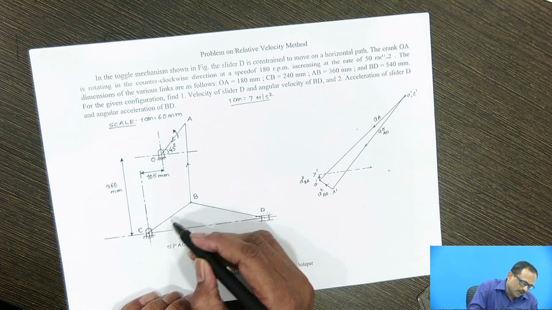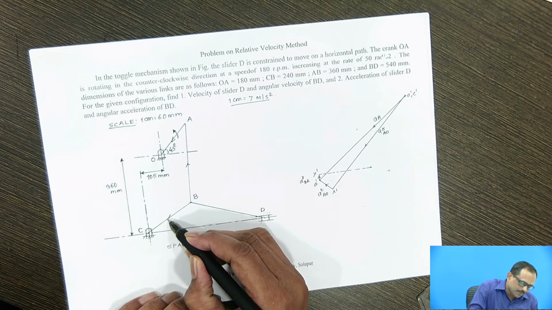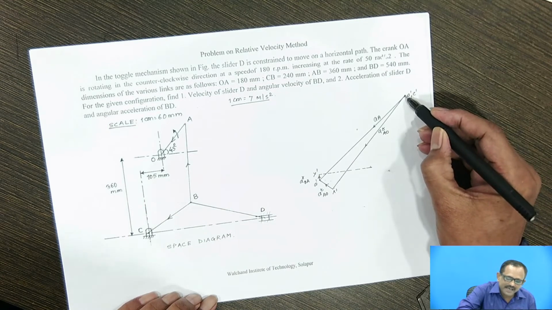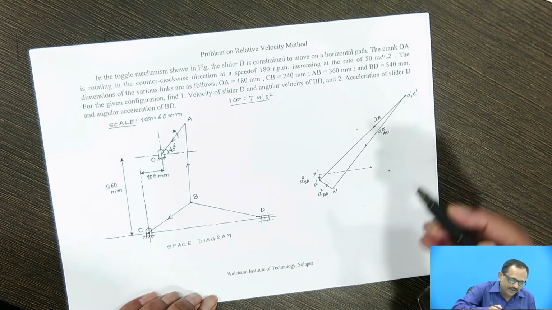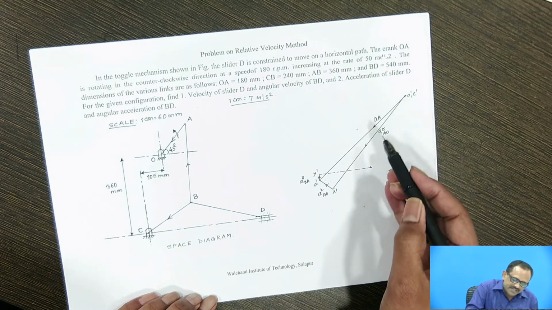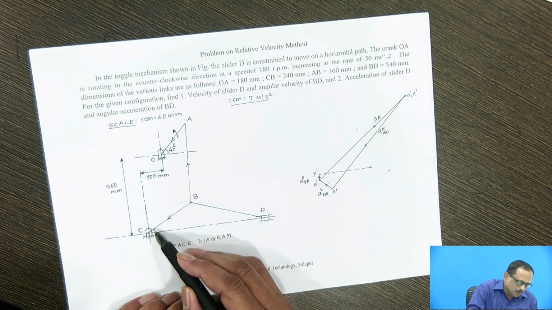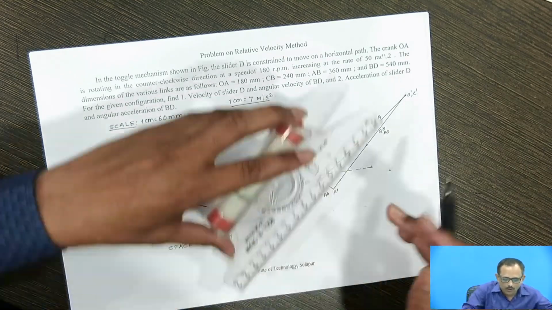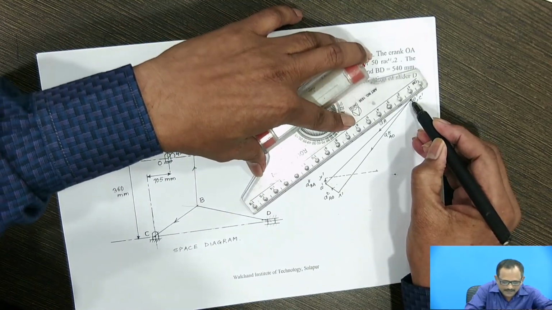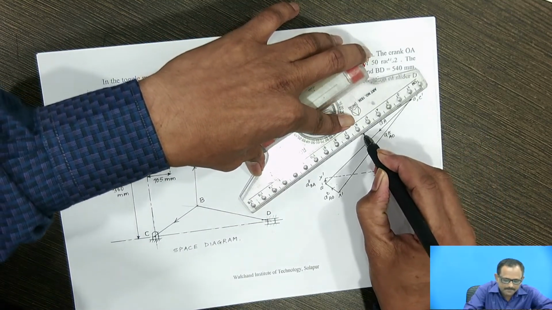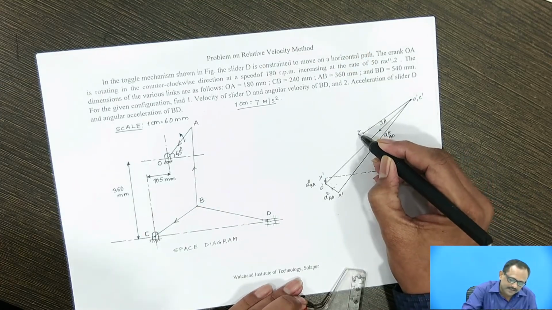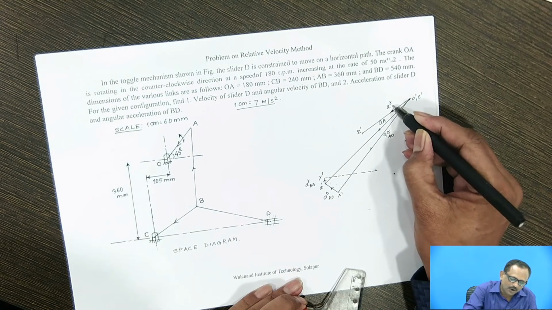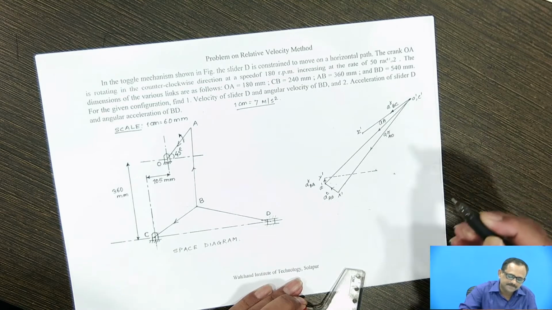The direction of the radial component of B with respect to C will be parallel to BC and acts towards point C. Hence, from point c' in the acceleration diagram, draw a vector c'z' parallel to link BC towards center point C. So, this vector c'z' represents the radial acceleration of B with respect to C.